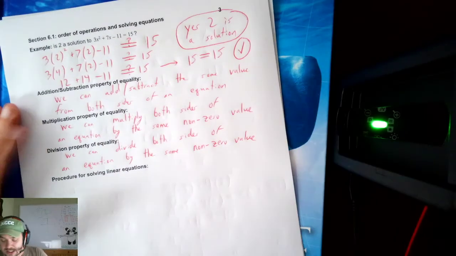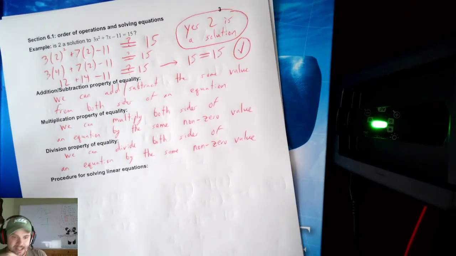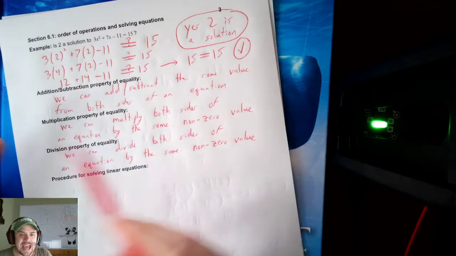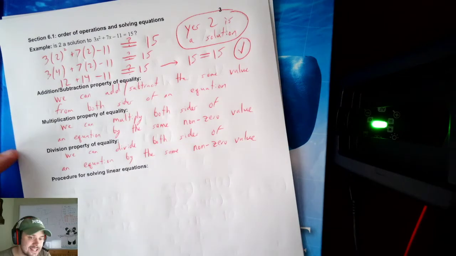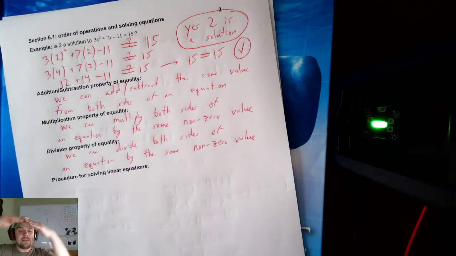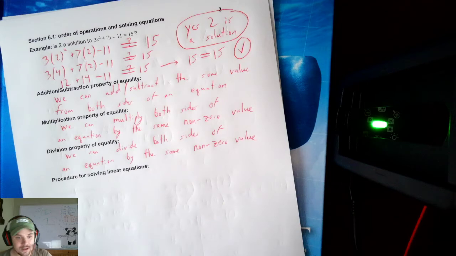You can't use 0 for either of these last two properties. It has to be something besides 0. So just be aware of that. So we can add, subtract, multiply, and divide both sides of an equation by the same thing. Think of it as keeping it balanced. If you do something to one side of an equation, you have to do the same thing to the other side. And we'll use these for our procedure in solving linear equations.